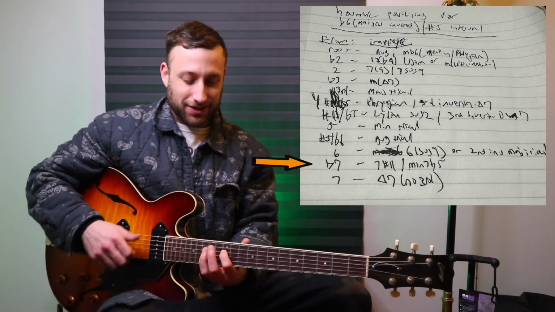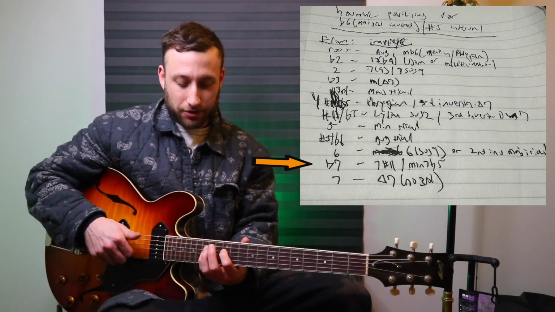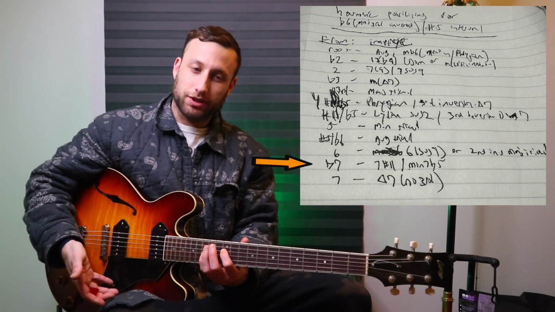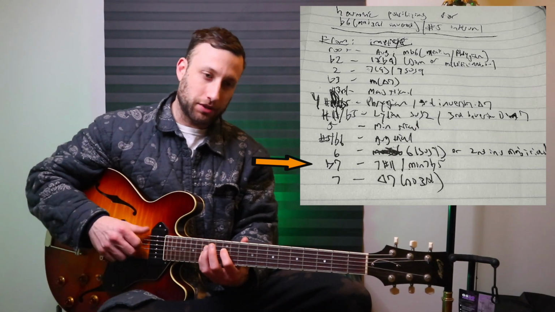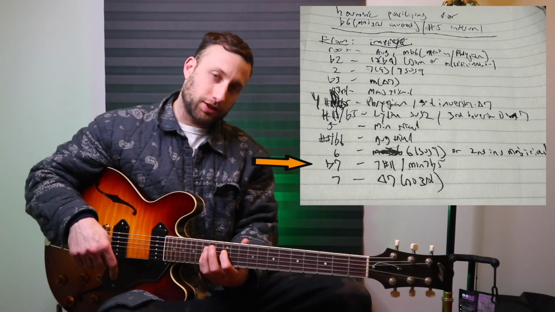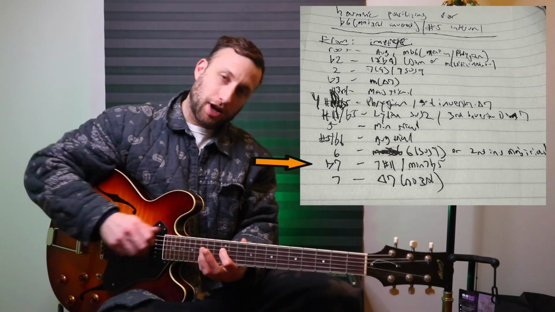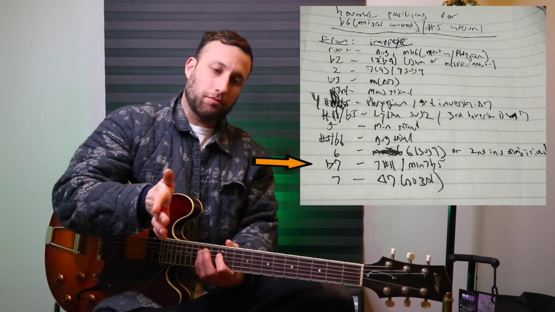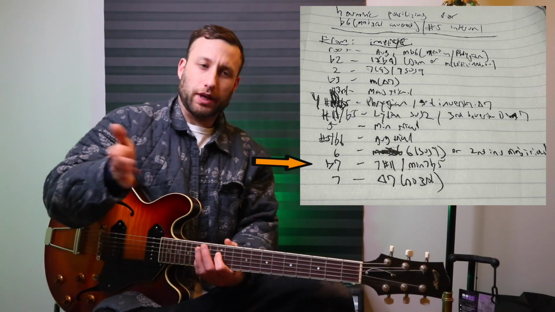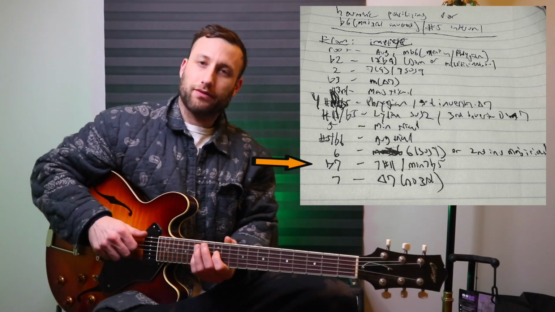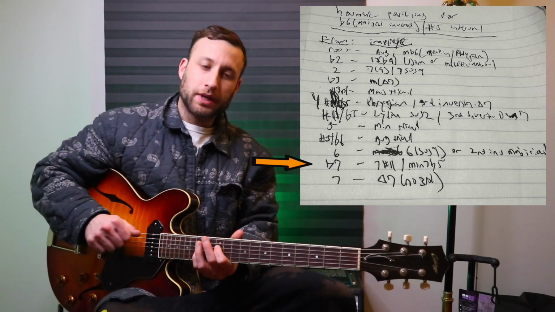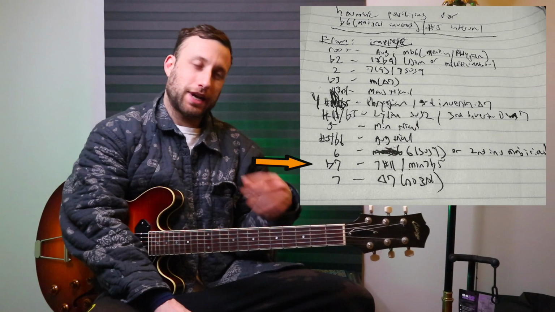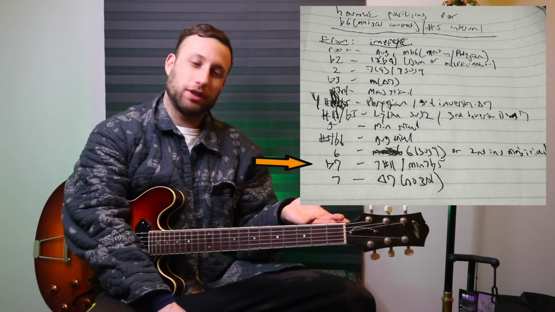Alright, now we're at the flat 7, and we have the flat 7, and we have the flat 5. So this could also be like a Lydian dominant type of sound. It could be a half diminished as well. And it's good to notice that if this combination can be either one of those sounds, like a Lydian dominant, or a Locrian, or a minor 7 flat 5 sound, like a 2 chord in a minor key, then you can see the relationship between those two sounds, and therefore maybe they could be more easily substituted.